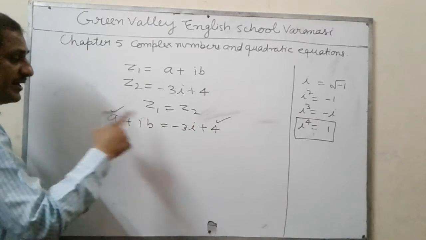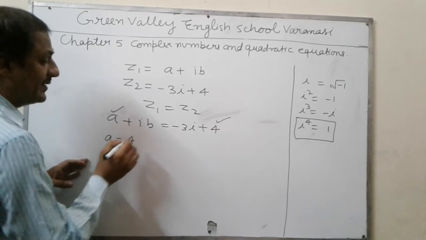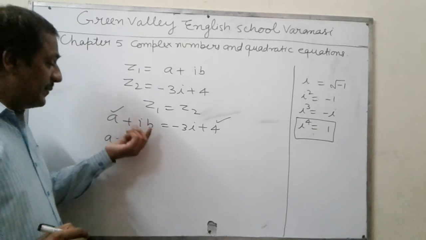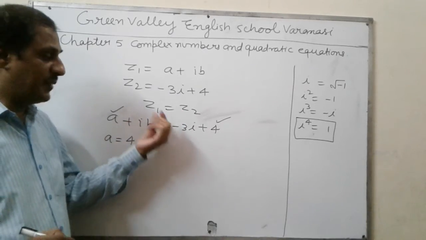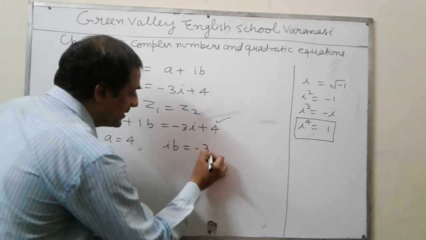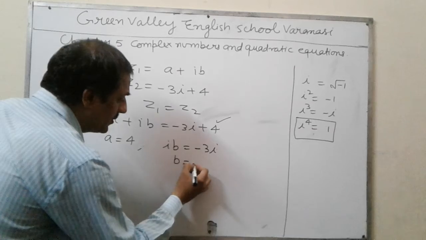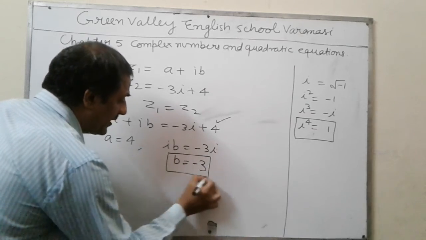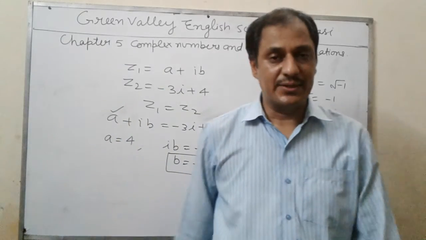If we equate these two numbers, we get a equal to 4. The imaginary part of the first complex number is ib and the imaginary part of the second is minus 3i. So ib is equal to minus 3i. Here i cancels, b equal to minus 3. Here the value of a equal to 4 and b equal to minus 3. Okay children? Okay, thank you so much.